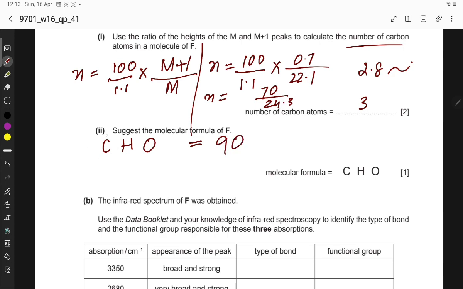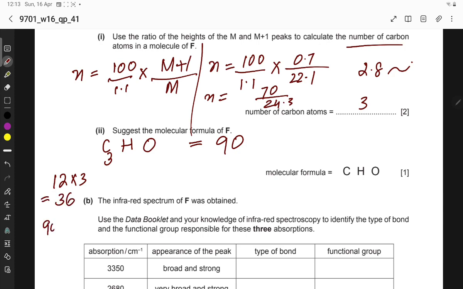So carbon C3 is equal to 12 into 3, this is equal to 36.